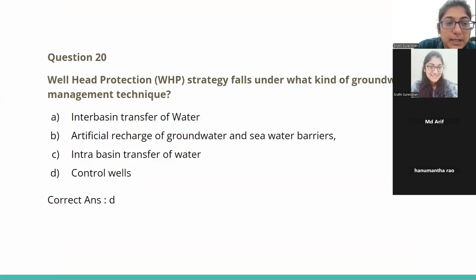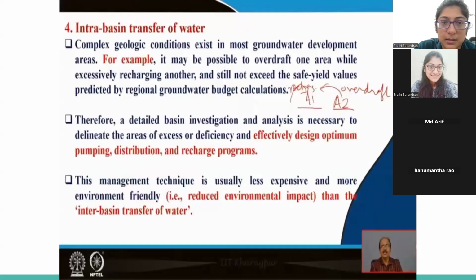Now there is option D. There is something else called interbasin transfer, and intrabasin transfer.